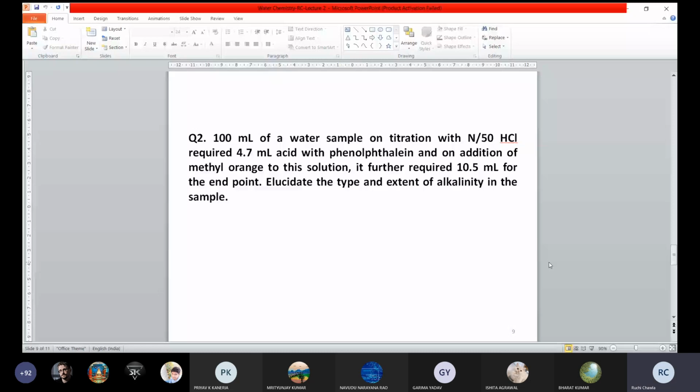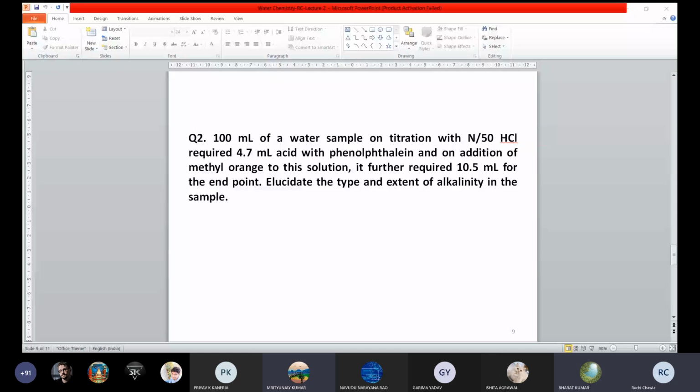Now from this problem, go through it and tell me what are the values of V1 and V2. V1 is 4.7 ml.